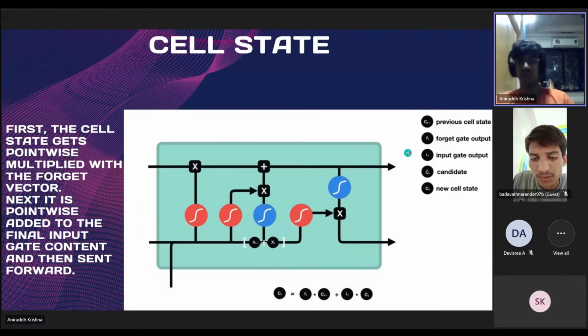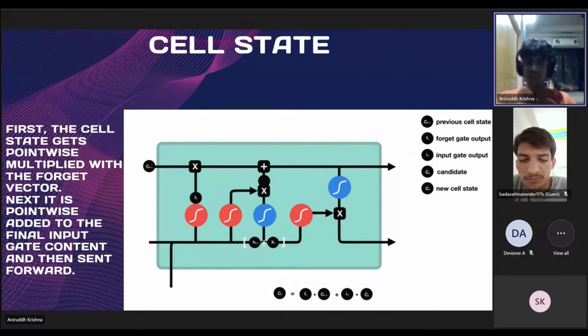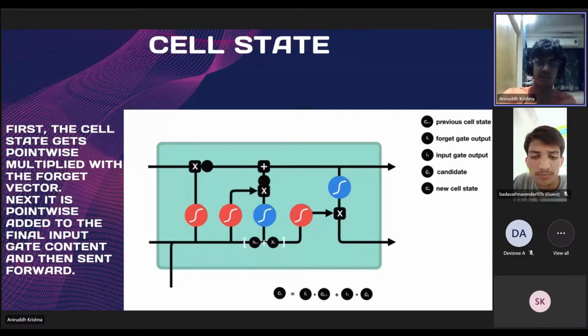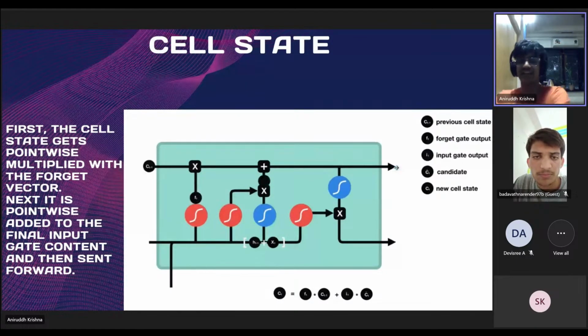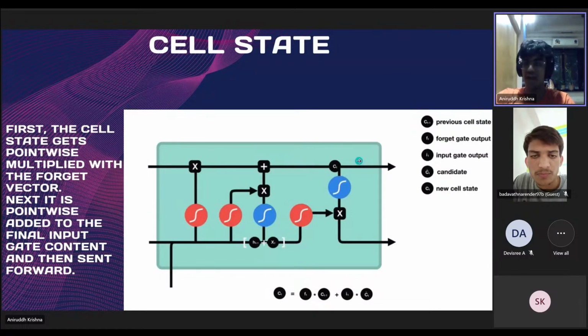So the information goes to the next time step because we want this cell state to be as it is for the next time step. But it also enters the output gate so that we can update the next hidden layer. Because again, since we are in an LSTM, two things matter to us: the updated information and the updated hidden state.